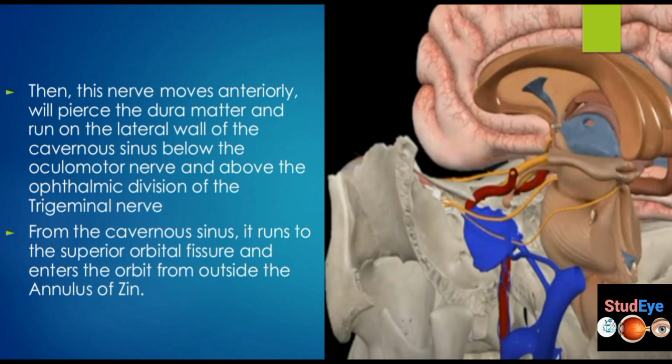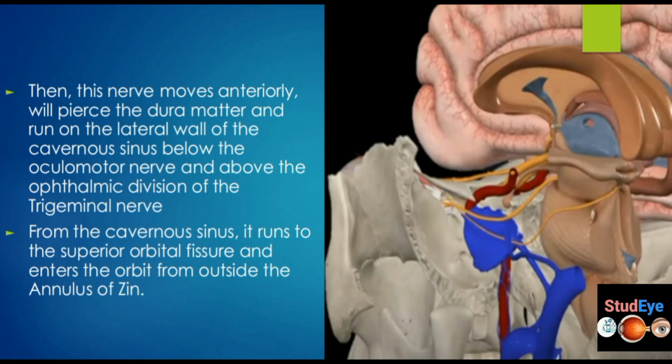So it is the opening of the orbit which is made by the junction of two sphenoid bones, right? So until the trochlear nerve reaches the superior orbital fissure, it moves along the lateral wall of the cavernous sinus, and there are two further nerves, one above and one below this nerve, right?